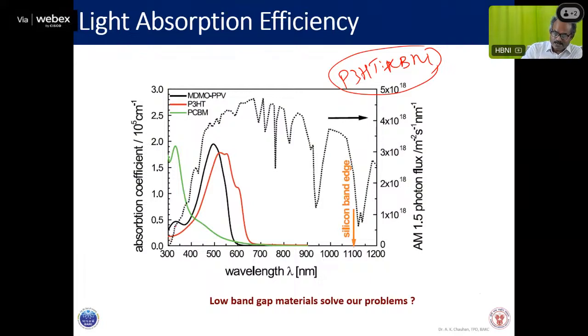This is a typical spectrum of the solar spectrum. Now there is one difference, if you notice.